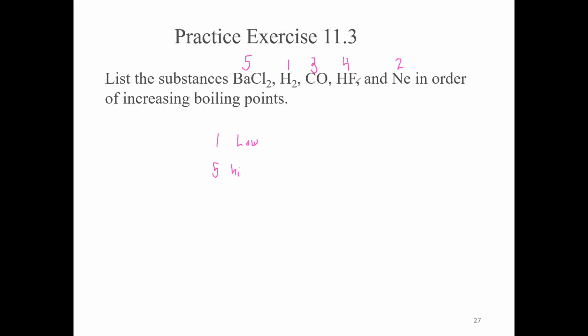That was bad too. So since we can have hydrogen bonding occur with the HF, we're going to have a stronger interaction. It's going to take more energy to separate those. We'll see a higher boiling point because of it. So when we're ranking them, hydrogen would be the lowest, followed by neon, carbon monoxide, hydrogen fluoride, and then finally barium chloride would boil at the highest temperature by far.